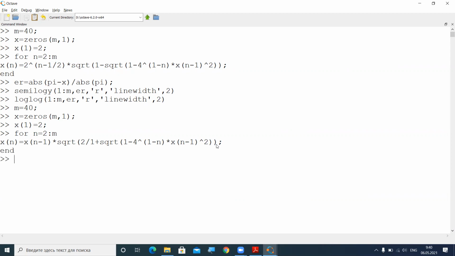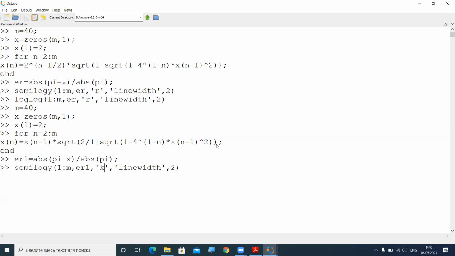And close the loop. Okay, now the error. Let's denote it by error 1, and let's write the ready one. Error 1, for example, and here again we will use semi-log y to graphically represent this function.